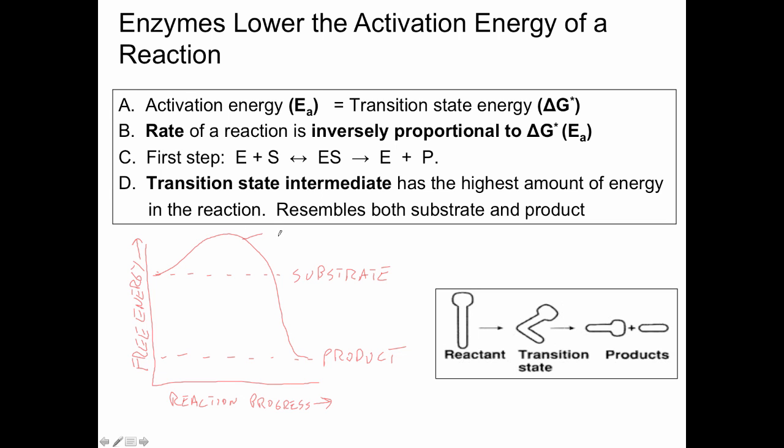This hump is the T state, or the transition state. And this difference represents the activation energy, or delta G prime. And again, this would be the uncatalyzed reaction.